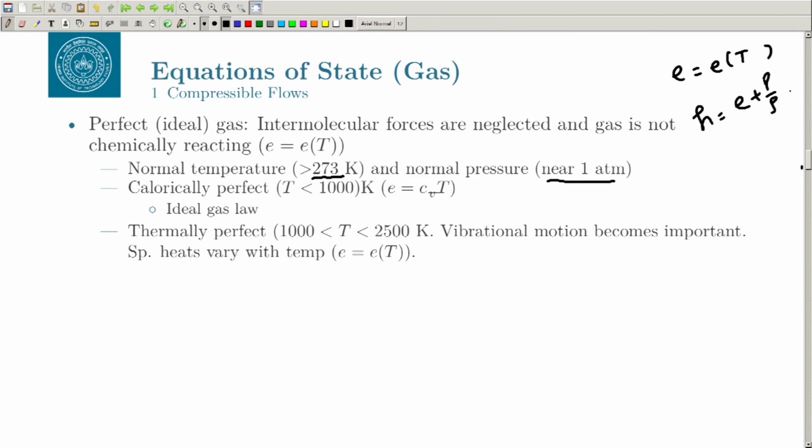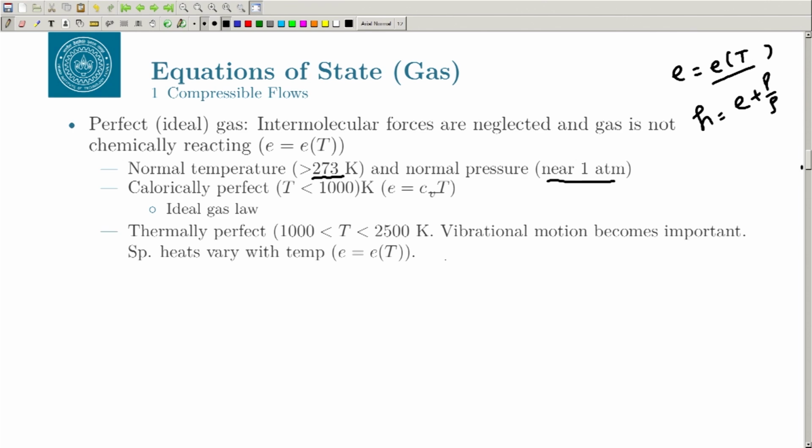Now, if we make an even further approximation, we can say that there is a constant which determines how the internal energy or enthalpy changes with temperature.